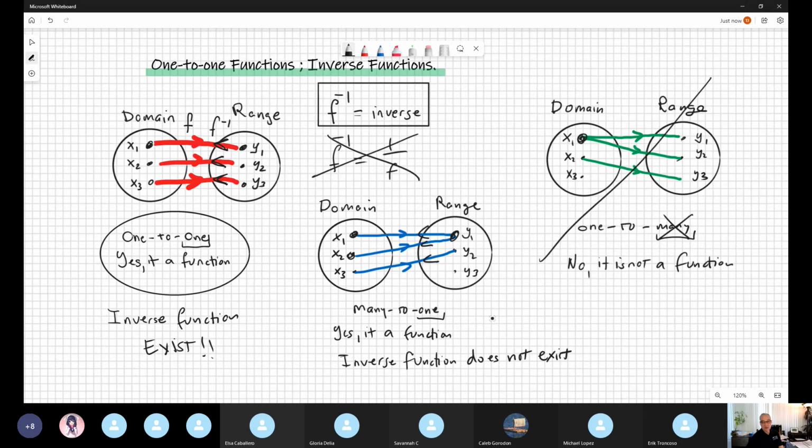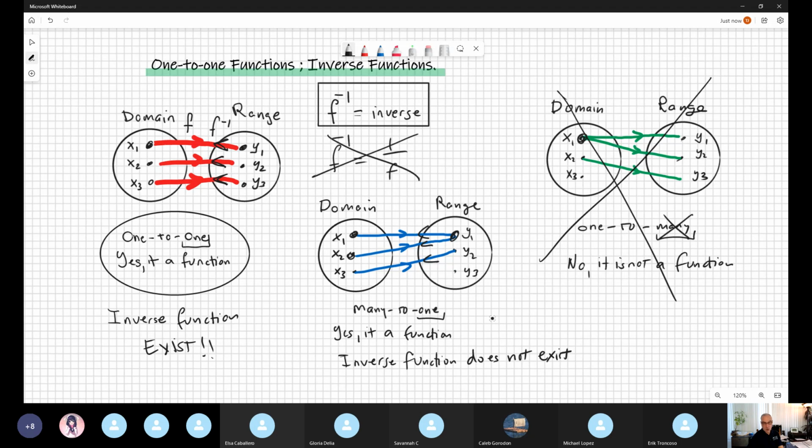This is not a function, so it makes no sense to talk about an inverse function. So now I discovered that the most important requirement for the inverse function to exist is that the original function be one-to-one.